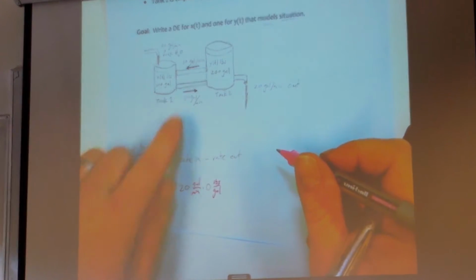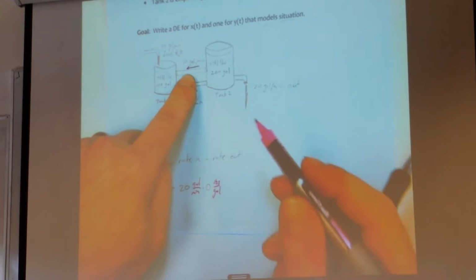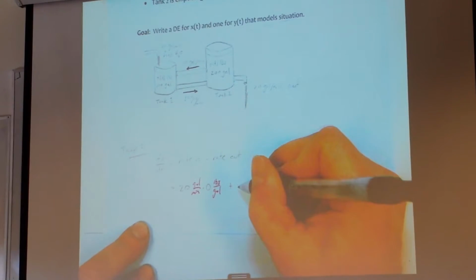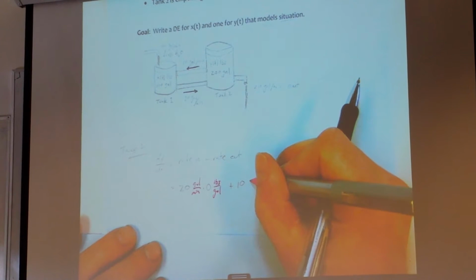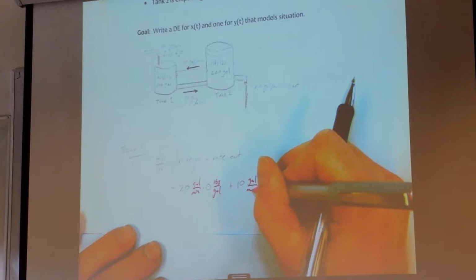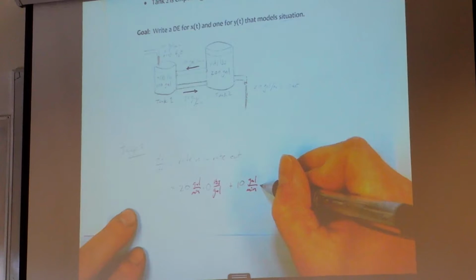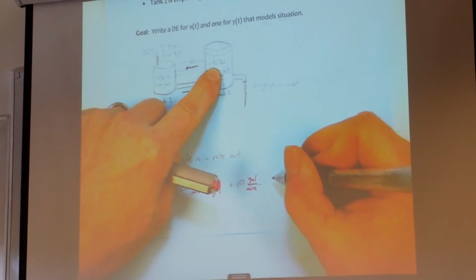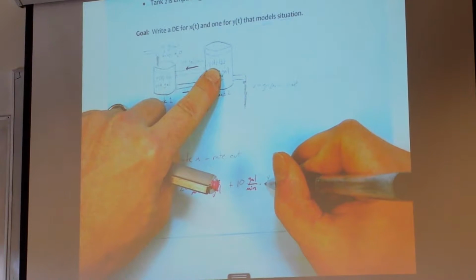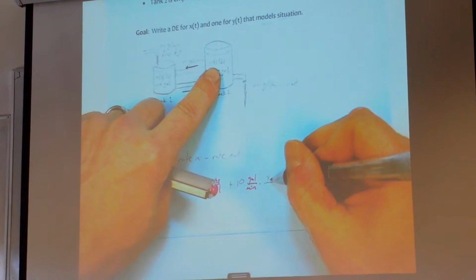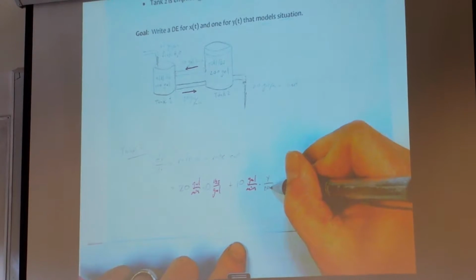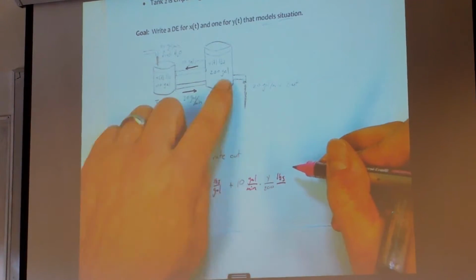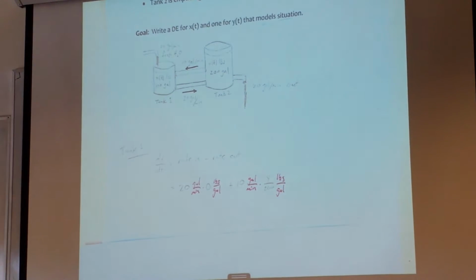All right, we got another one coming in, so I'm adding that. Plus we got 10 gallons a minute. And what would be the concentration of this? y of t divided by 200. We got that many pounds of salt, y of t over 200, and that's measured in pounds per gallon. All right, that's the rate in.